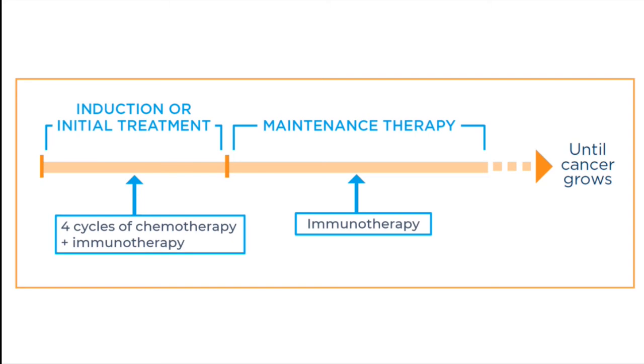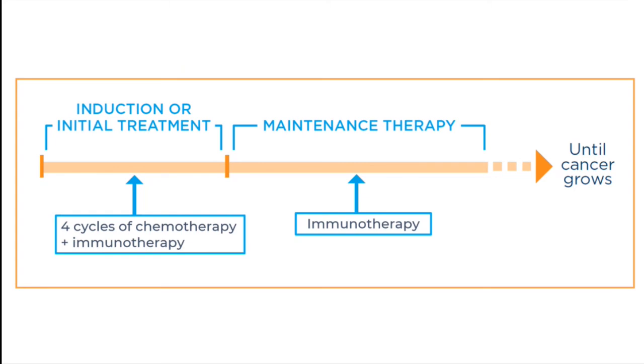This is a typical treatment schedule in most patients who receive chemotherapy with immunotherapy. So there's an initial phase called induction, or initial treatment, where patients will receive a combination of chemotherapy and immunotherapy for 4 cycles, which is about 3 months, 12 weeks, after which there's a scan to see if the cancer has regressed.